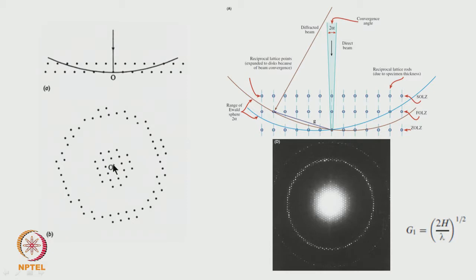If I do it right at the center, I will get the spot corresponding to it. Suppose the central one corresponds to the unit cell of the reciprocal lattice which you have constructed, the first plane, the one which comes above that will correspond to the next plane. That way you will be able to do that. That is how you do the analysis. Is it clear?